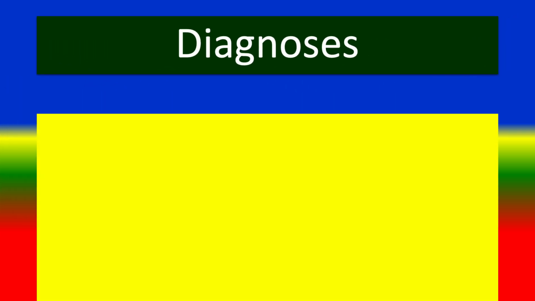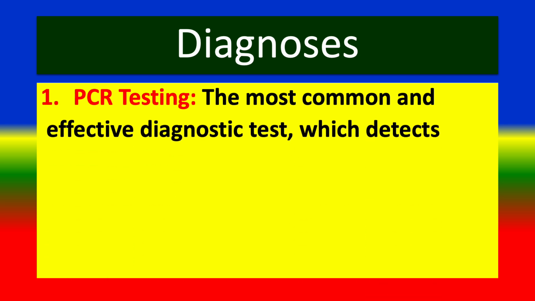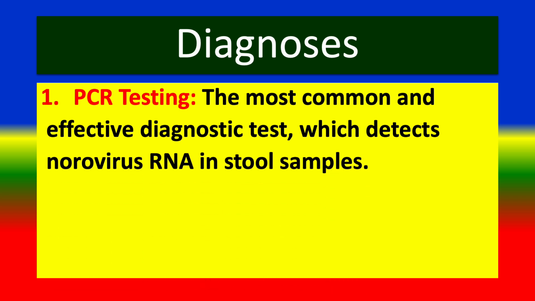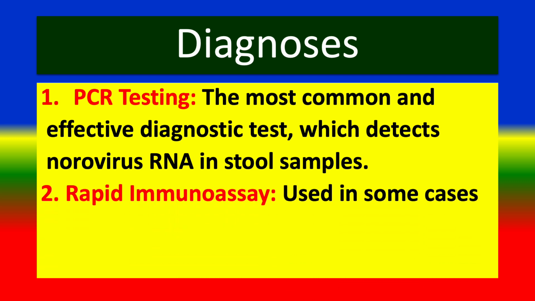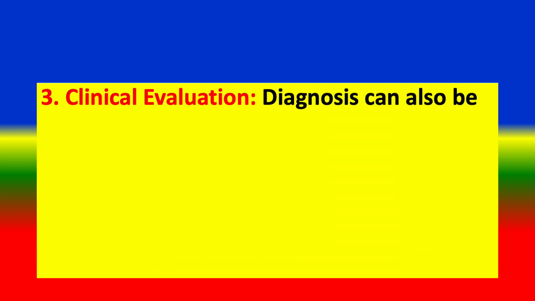Diagnosis. 1. PCR testing, the most common and effective diagnostic test, which detects norovirus RNA in stool samples. 2. Rapid immunoassay, used in some cases but less sensitive compared to PCR. 3.